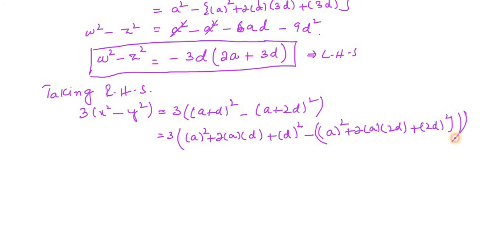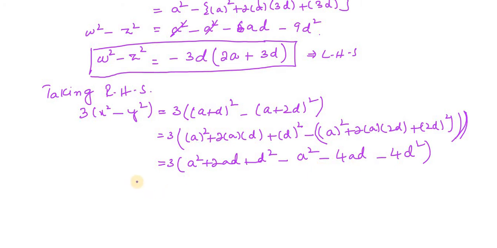So this is A square plus 2AD plus D square minus A square minus 4AD minus 4D square. A square minus A square cancels. Here we get 2AD minus 4AD, which is minus 2AD, and D square minus 4D square, which is minus 3D square.